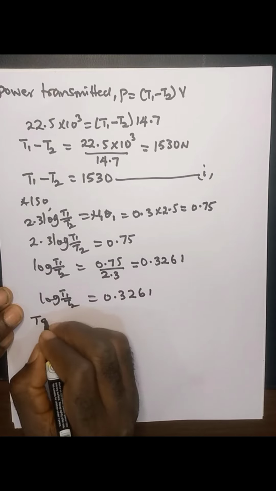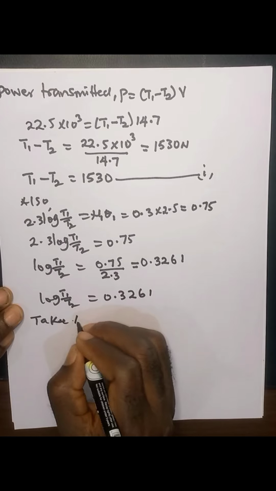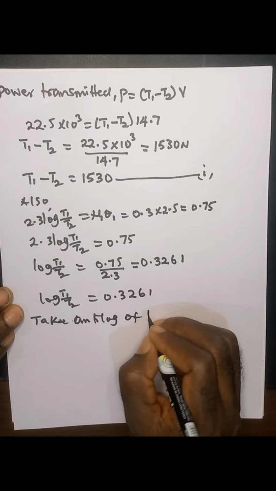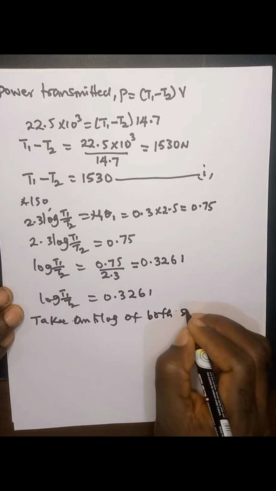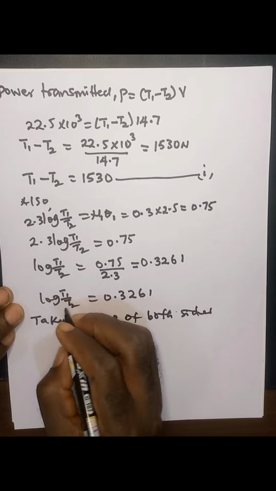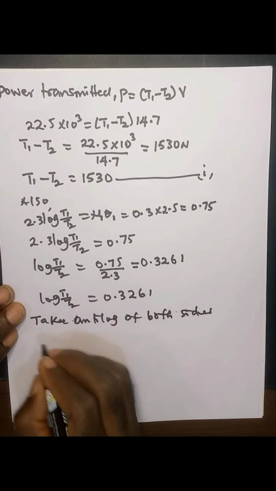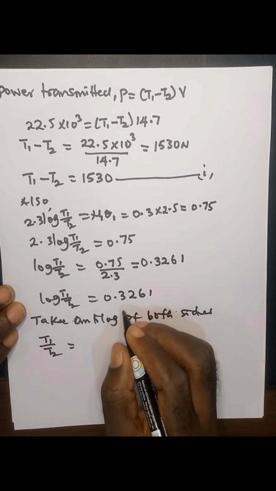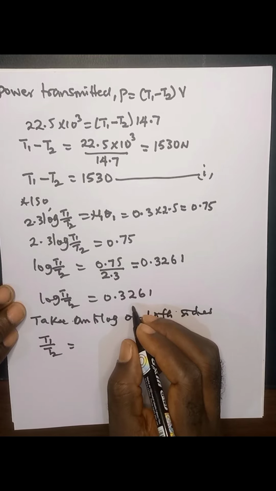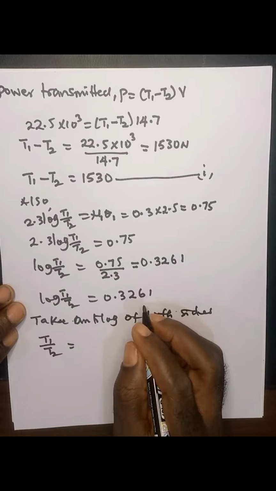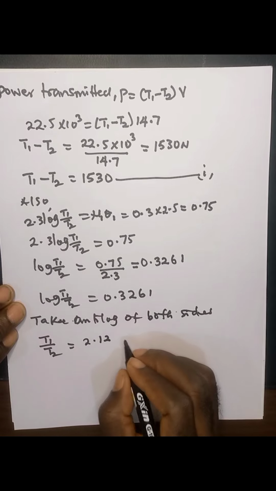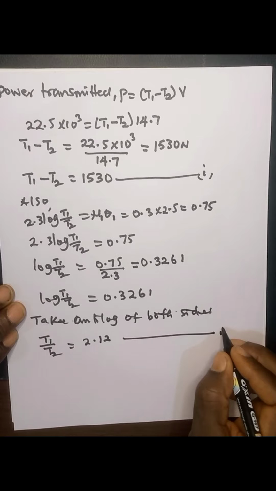Then we take the antilog of both sides. When we take the antilog of log T1 over T2, it will give us T1 over T2. When we take the antilog of 0.3261, it will give us 2.12. Now we'll call this one equation 2.